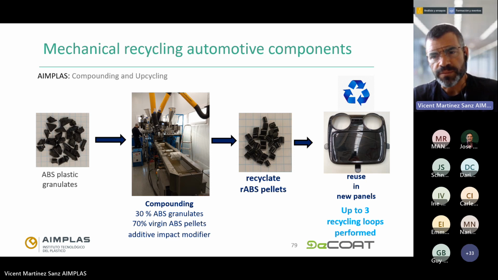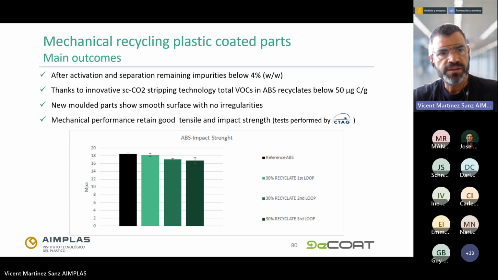During the development of the DECOAT project, we managed to perform up to 3 recycling loops in which we mechanically recycled and obtained the ABS recyclate pellets for 3 different loops, so that at the end we were able to compare the performance of these ABS recyclate materials after each loop.